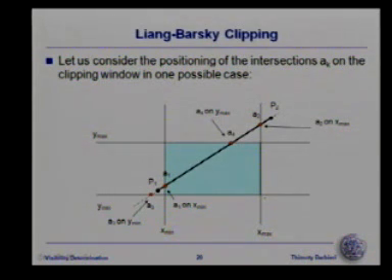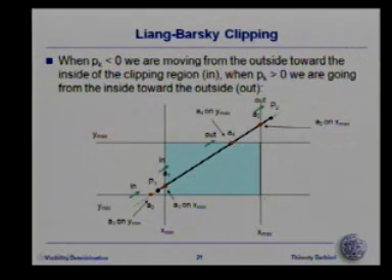And this is true because A2 is in an out position. It's going from the inside to the outside, over here. A4 also is an out. It's going from the inside to the outside. A1 is an in. It's going from the outside to the inside. A3 is an in. It's going from the outside to the inside. You see? This is the inside, this is the inside, this is the outside, this is the outside.